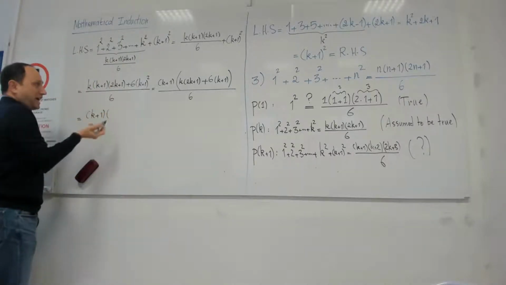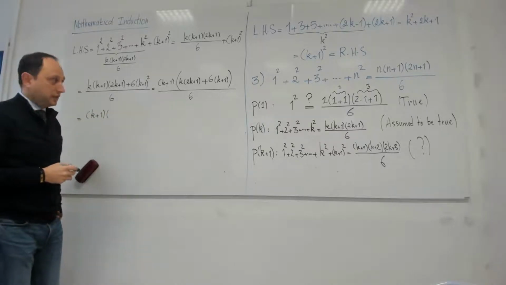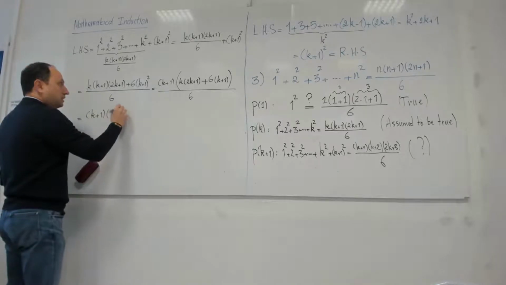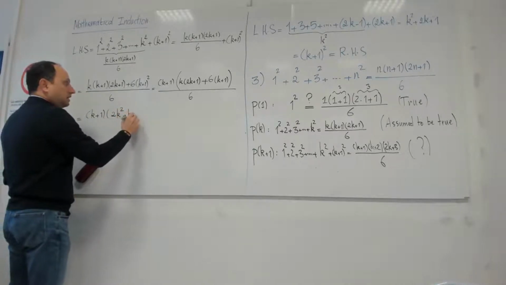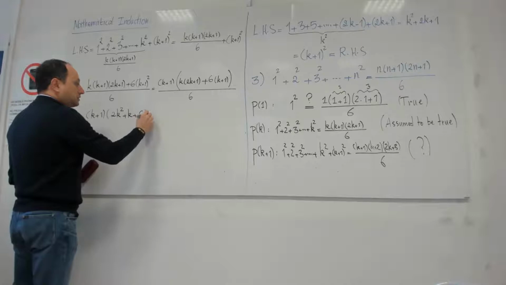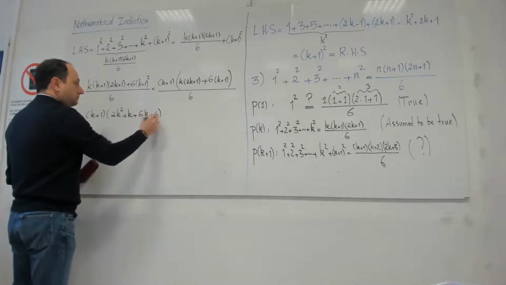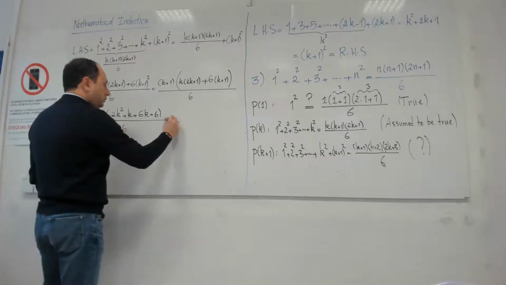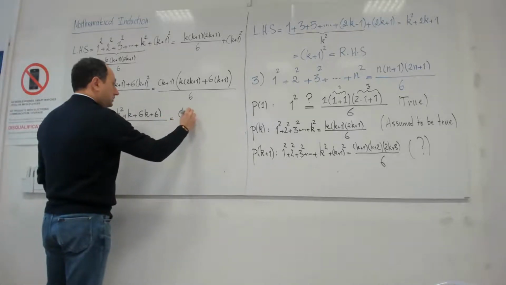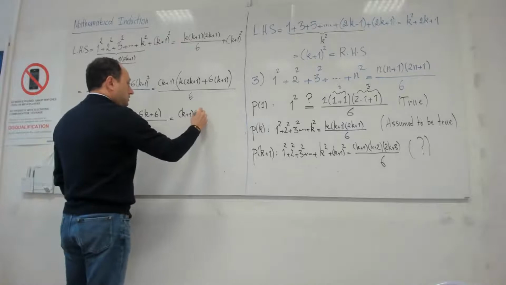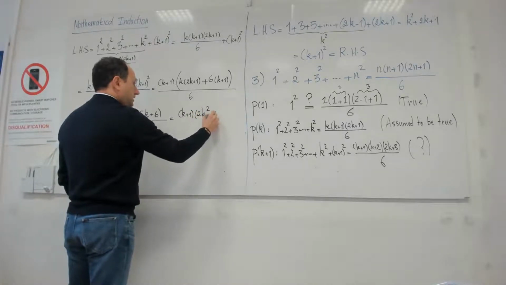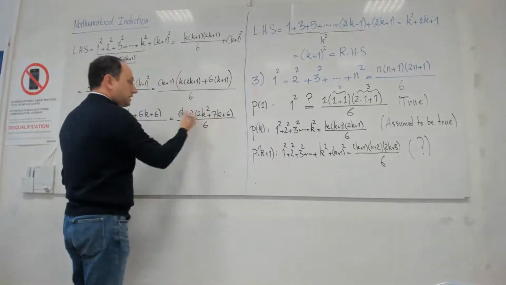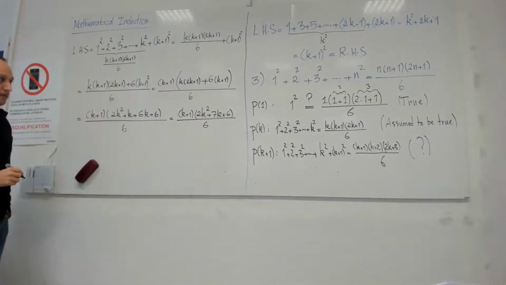Hopefully at this stage, algebra is actually a minor thing, yes? So I multiplied here. It becomes 2k squared. And then it becomes k. And then I multiply that one. It becomes 6k plus 6. And now I simplify what is here. It's k plus 1. And then I have 2k squared plus 7k plus 6. And I divide it by 6. So that is my expression so far.